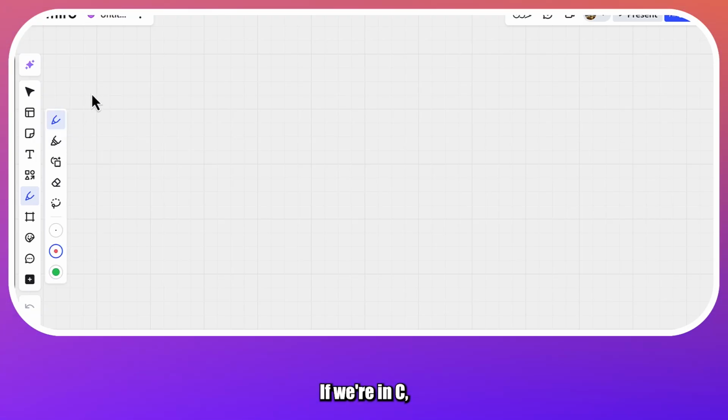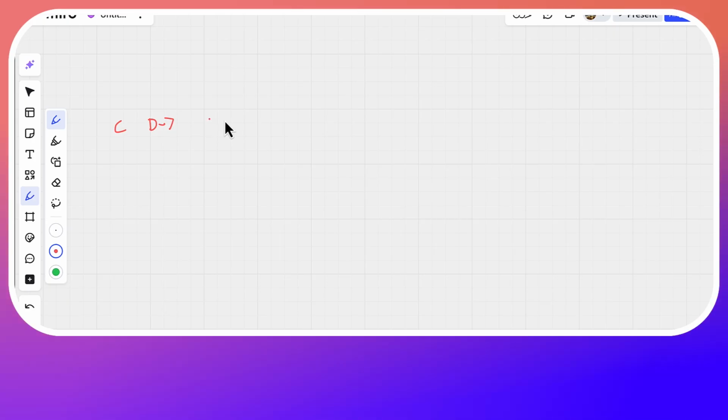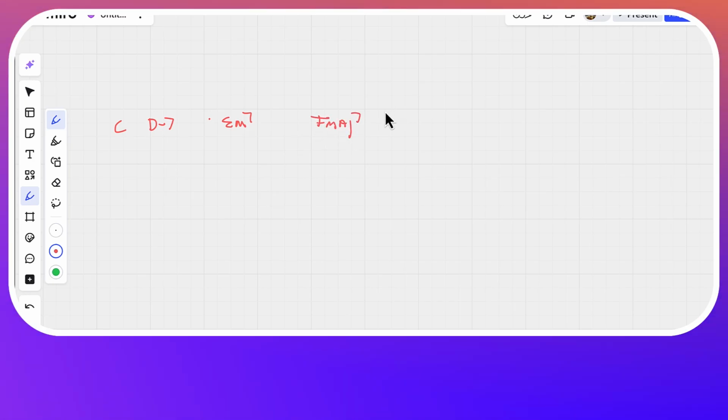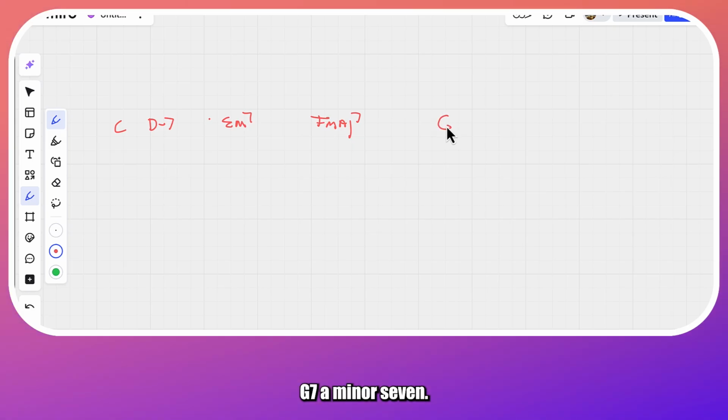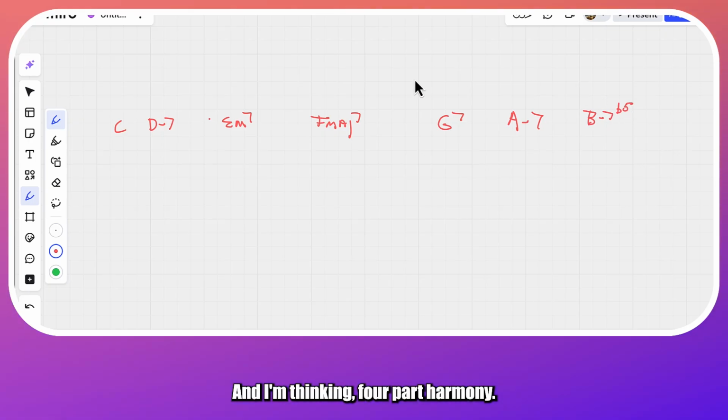If we're in C, the diatonic chords are C major 7, D minor 7, E minor 7, F major 7, G7, A minor 7, and B minor 7 flat 5. And I'm thinking 4-part harmony.